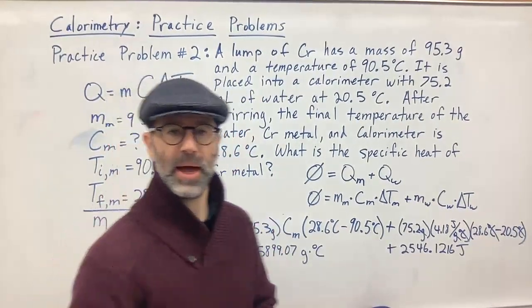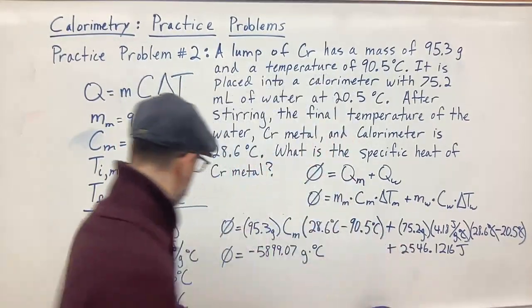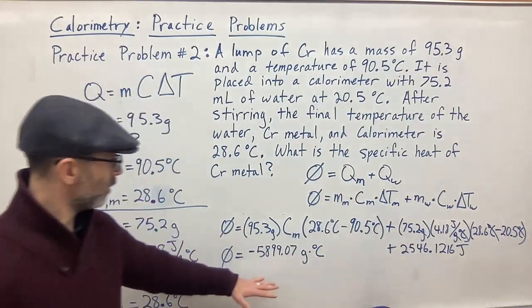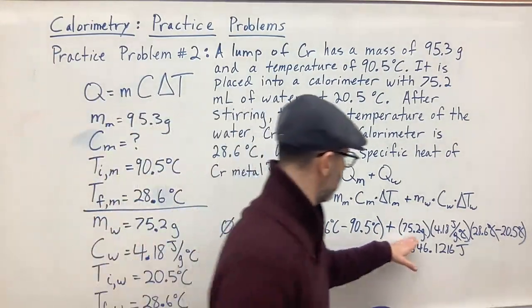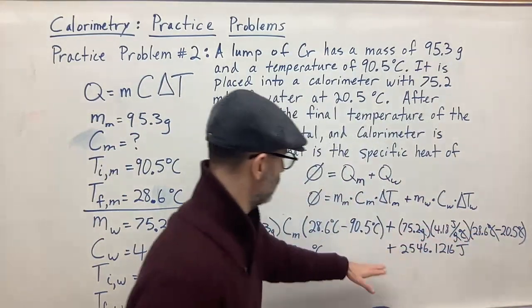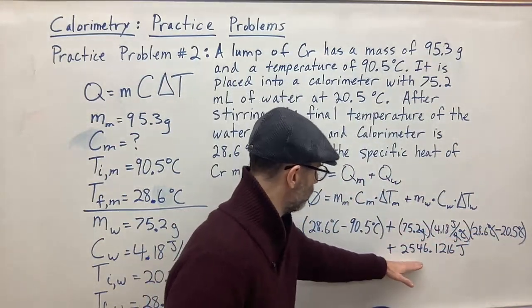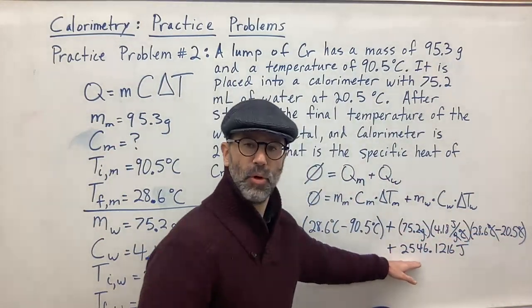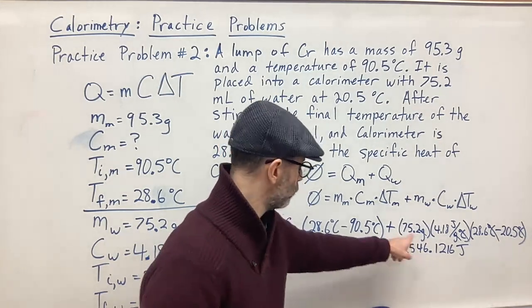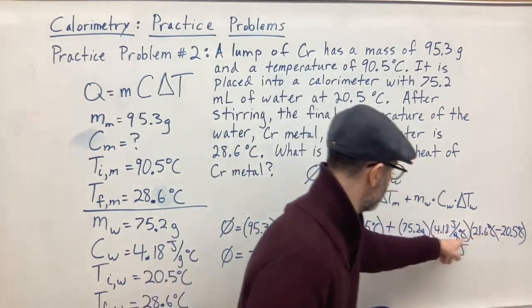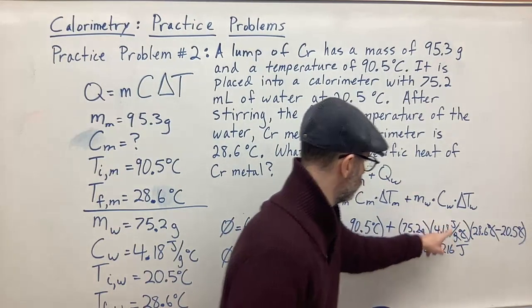Okay, welcome back. So now that I have done my calculation, I multiplied all this, and I got 2,546.1216 joules, right? Because grams and degrees Celsius canceled out, leaving me with joules.